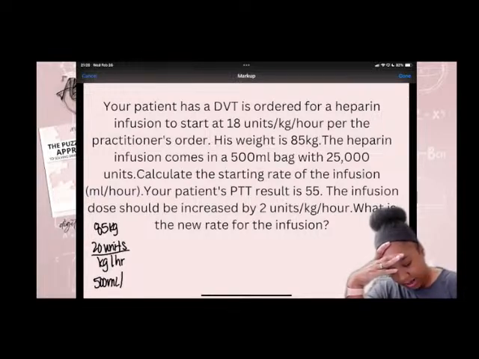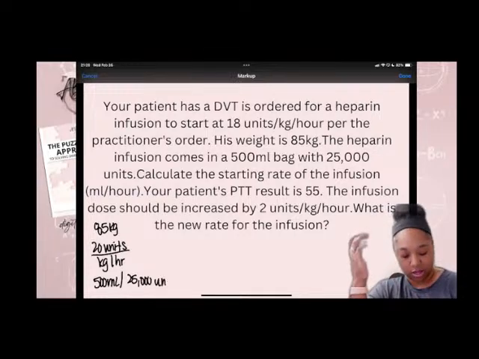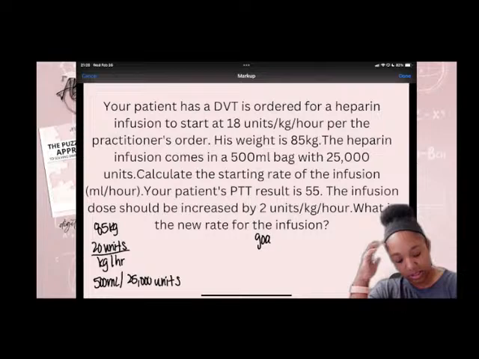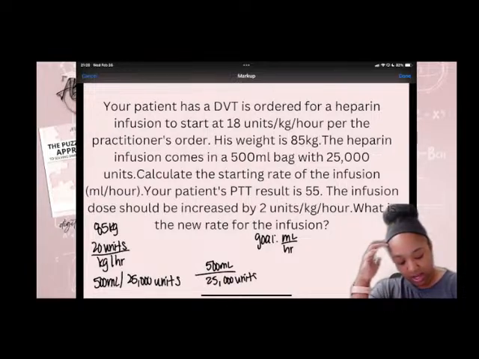I'm just going to write it like this because I'm at the bottom of the page. So what are we going to start with? Because our goal is milliliter per hour, right? So we'll start with our milliliters. 500 ml over 25,000 units times 20 units per kg per hour.